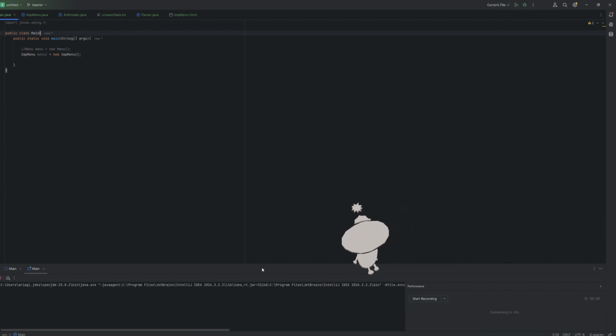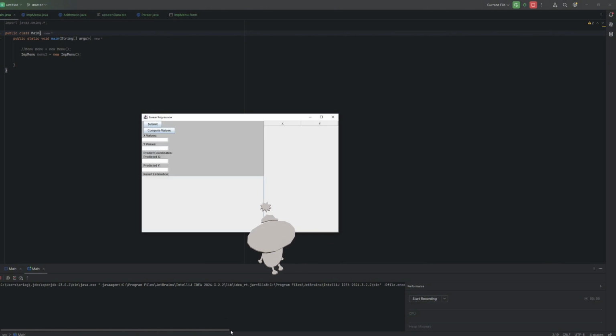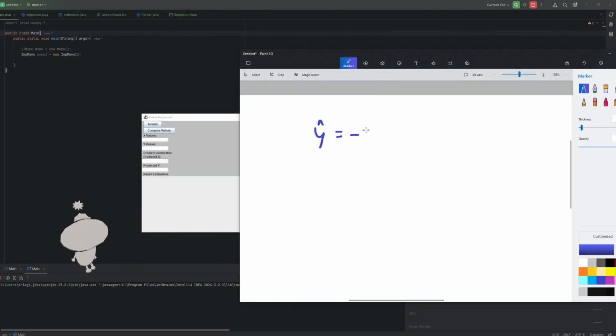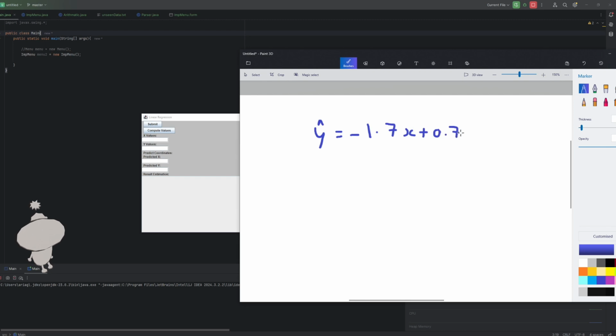Remember from the last video, the example equation I gave. We had the equation y is equal to minus 1.7x plus 0.7. And the points that we used were as x, y: minus 1, 2, 0, 0, 2, 1, 3, minus 7.